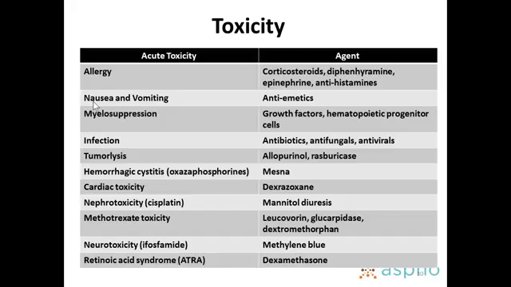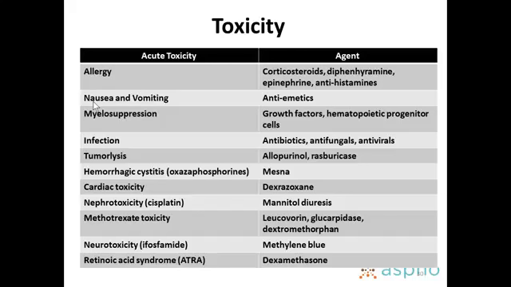So for allergic reactions, we would use corticosteroids, diphenhydramine, epinephrine, other antihistamines. Nausea and vomiting, there is a wide variety of antiemetics which are available. Myelosuppression, of course, we can't give most of our intensive chemotherapy without growth factors. We have a wide array of antimicrobials for all the infections which our patients are exposed to.